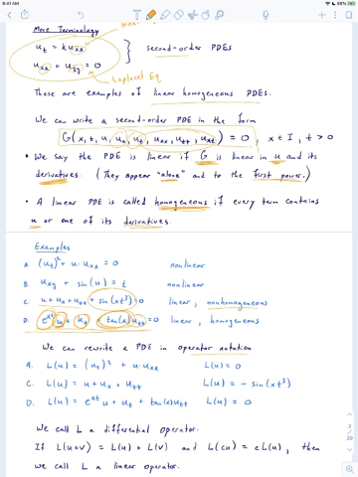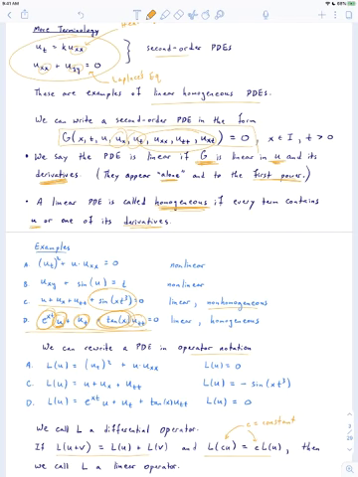We call L a differential operator, and we call it linear if it satisfies these properties here. L at u plus v is L at u plus L of v, and L at c times u is equal to c times L of u, where in this case, c is a constant. So in other words, you can take the constants out.